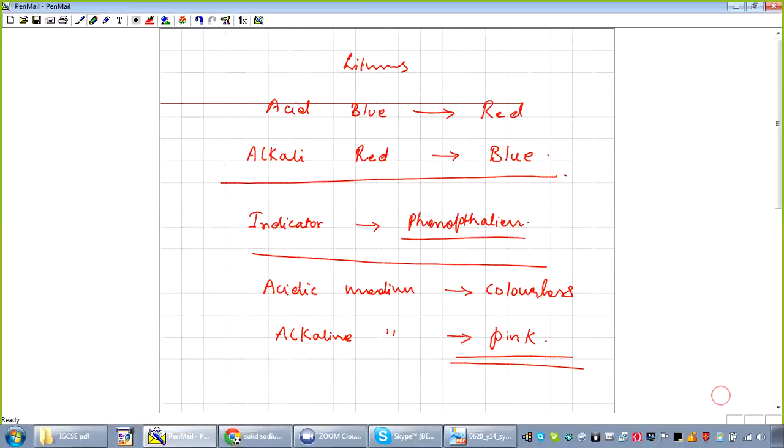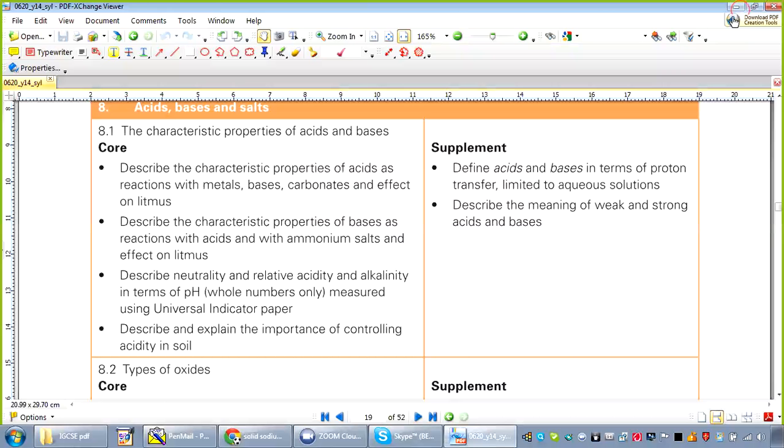Later on, in some YouTube videos, I'm going to show these color changes of litmus as well as of phenolphthalein. So those things were about color changes.